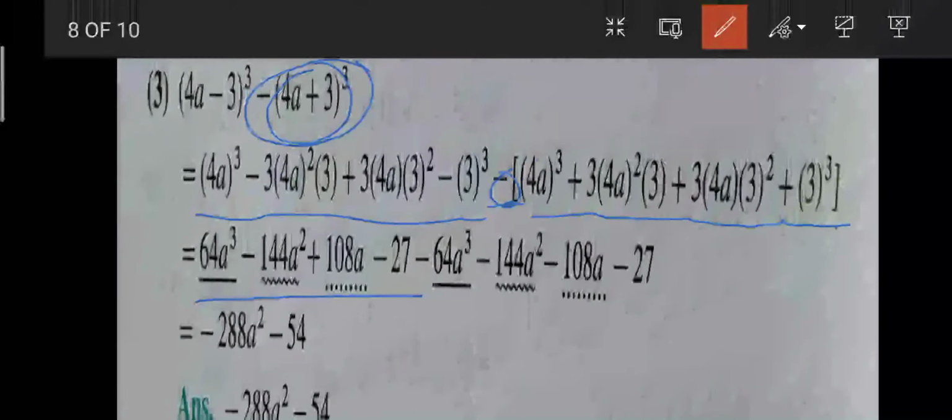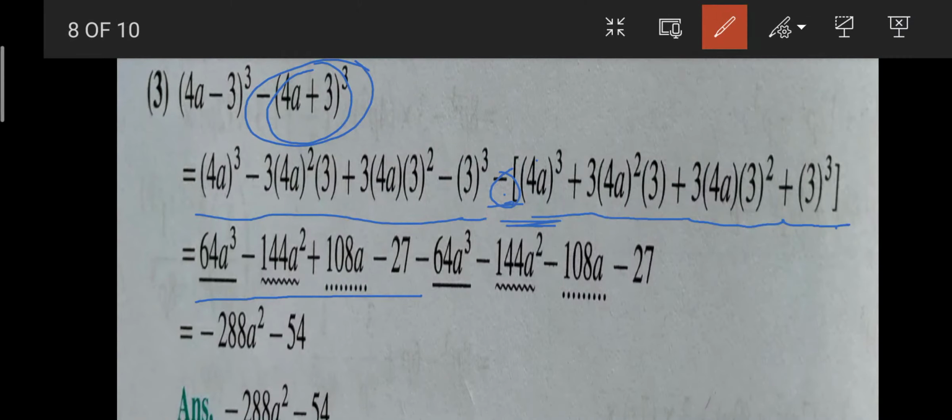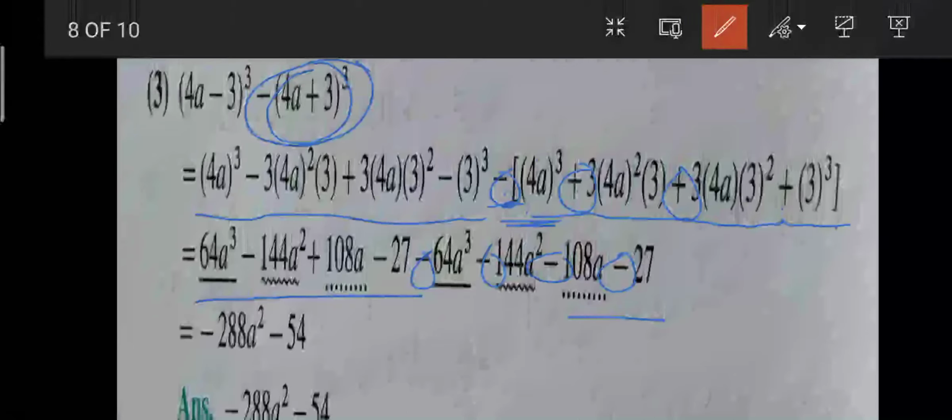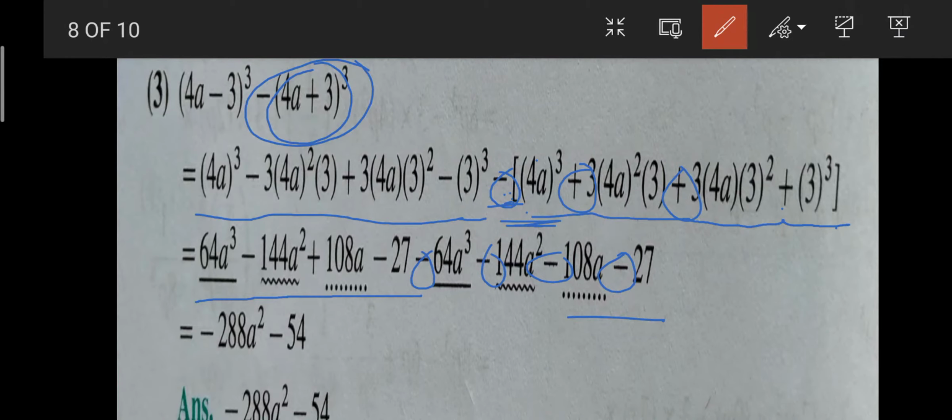Now when we are opening the bracket, minus into plus, we get minus, then minus into plus, that is minus, then minus into plus, here we get minus, and minus into plus, here again we get a minus. So when we solve these things, we get plus 64a cube minus 64a cube, that is cancelled.